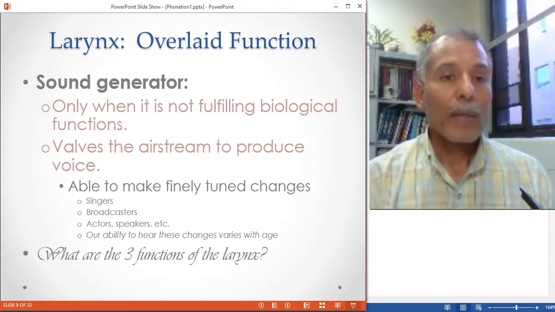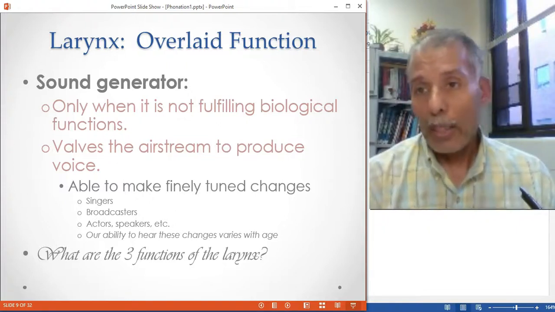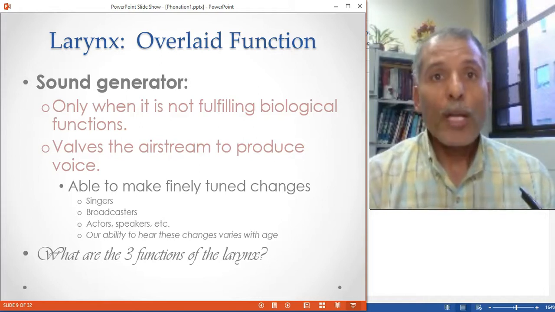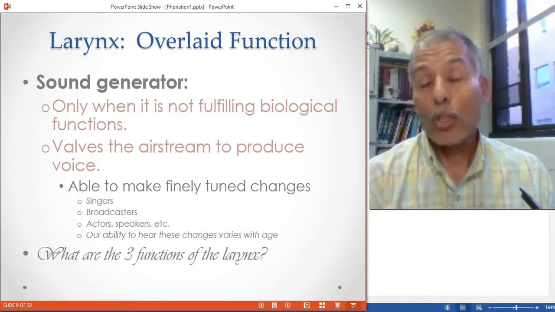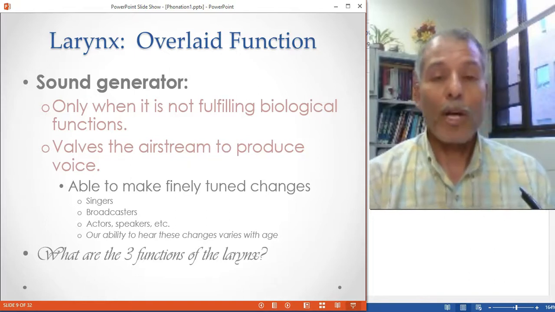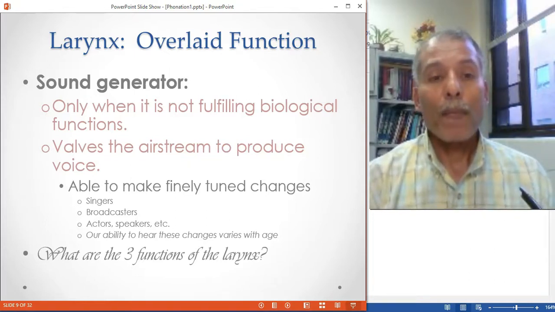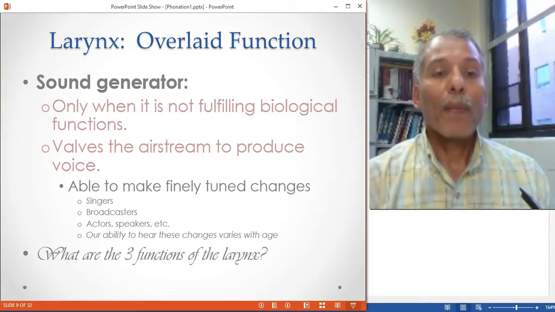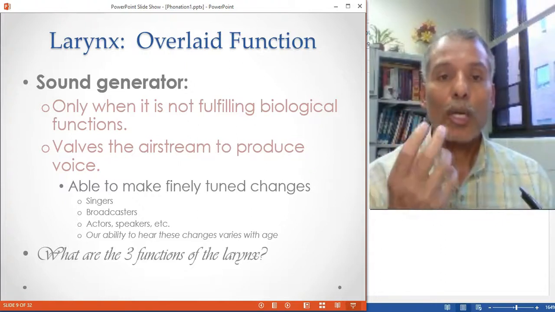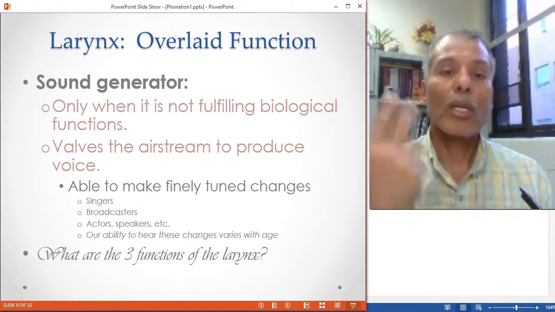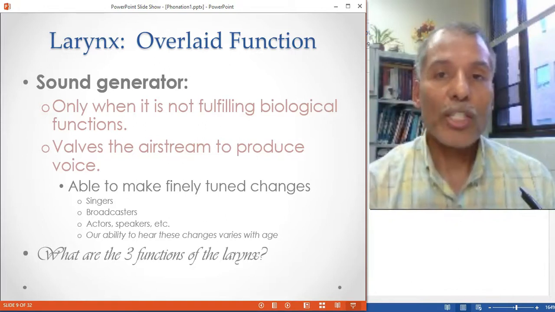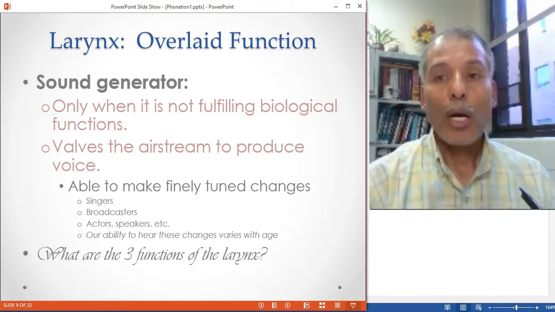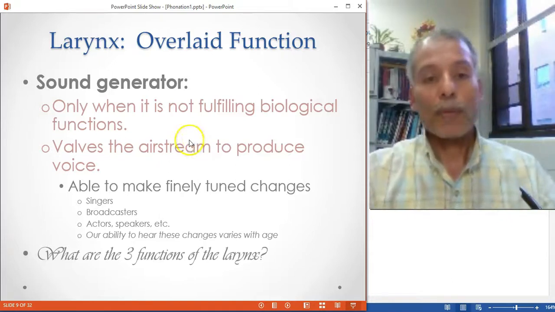And in this regard, it is only fulfilling its function of speaking when we are not using it for a biological function, when you are not eating or holding your breath, and so on. When we use it for speech as an extra function that we add, we are able to make many changes to the vocal folds, adapt them to make high pitch, low pitch, and change the shape and the structure of the vocal folds so that we can produce certain sounds.